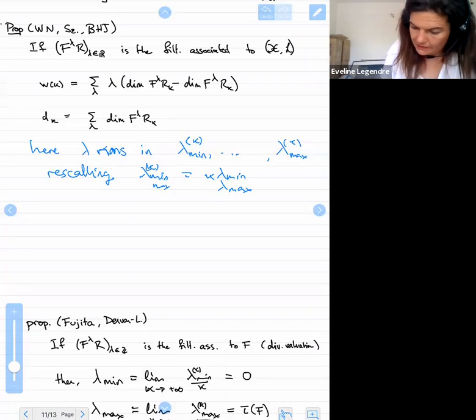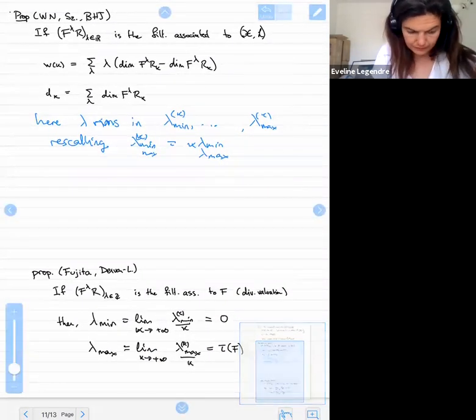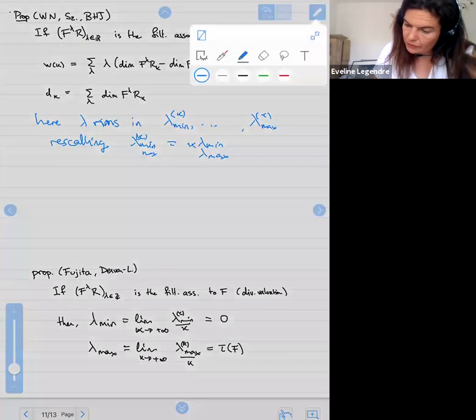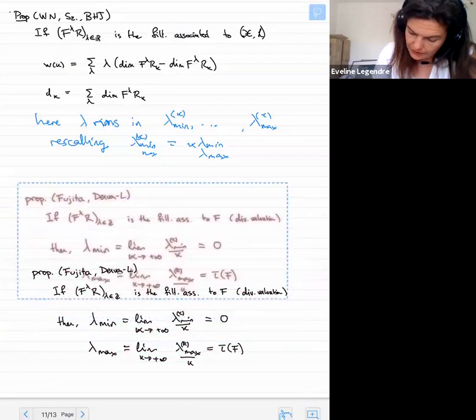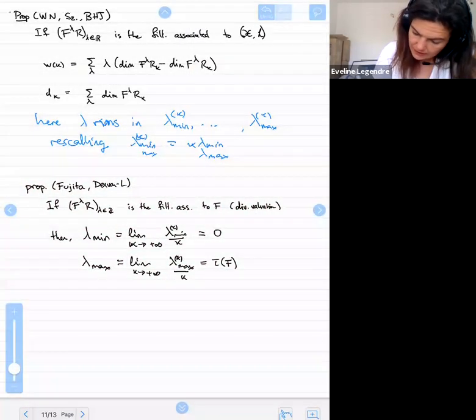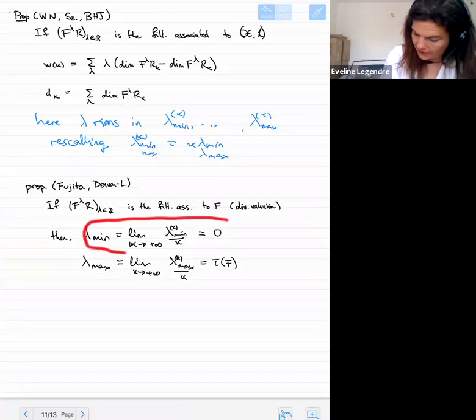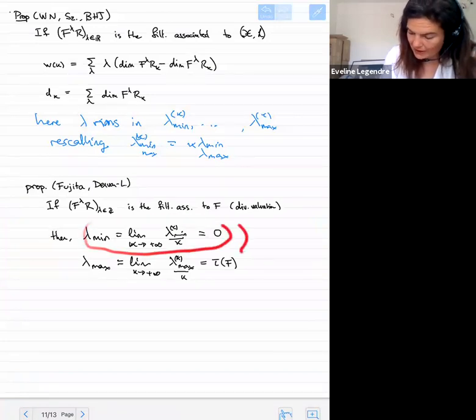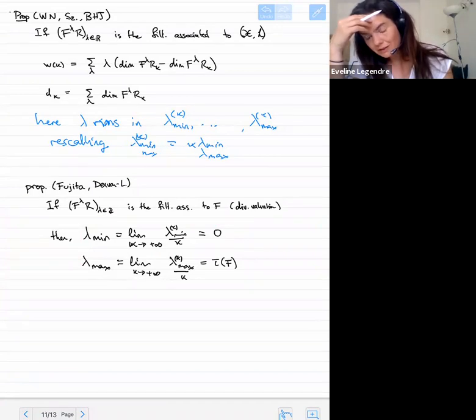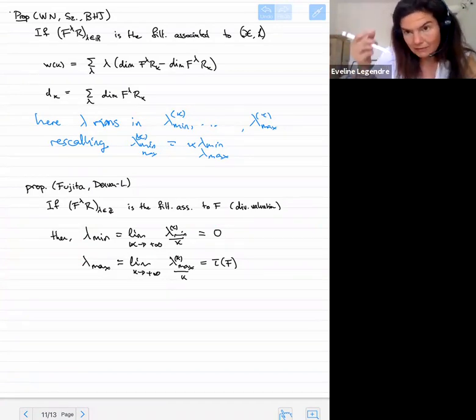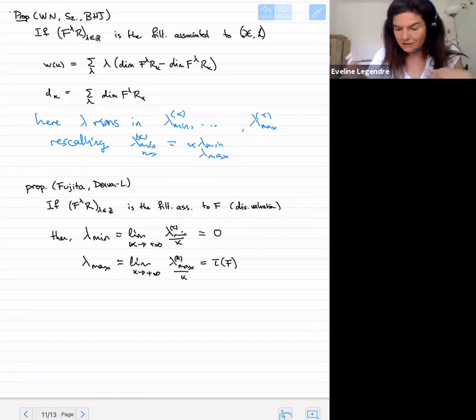Okay, and then with this we can prove that in the setting above, the filtration is linearly bounded, and the constants, the rescaled constants, are given by 0 and the pseudo-effective threshold.